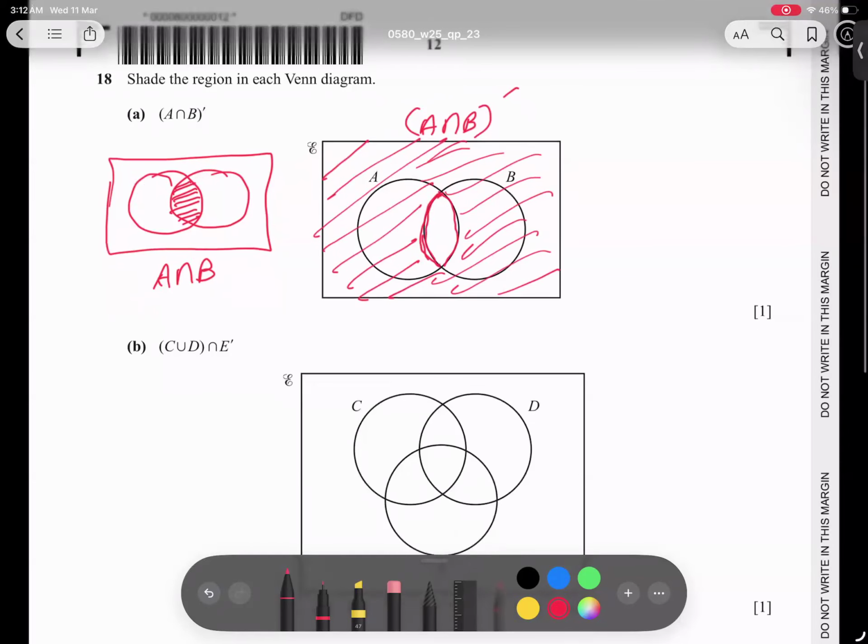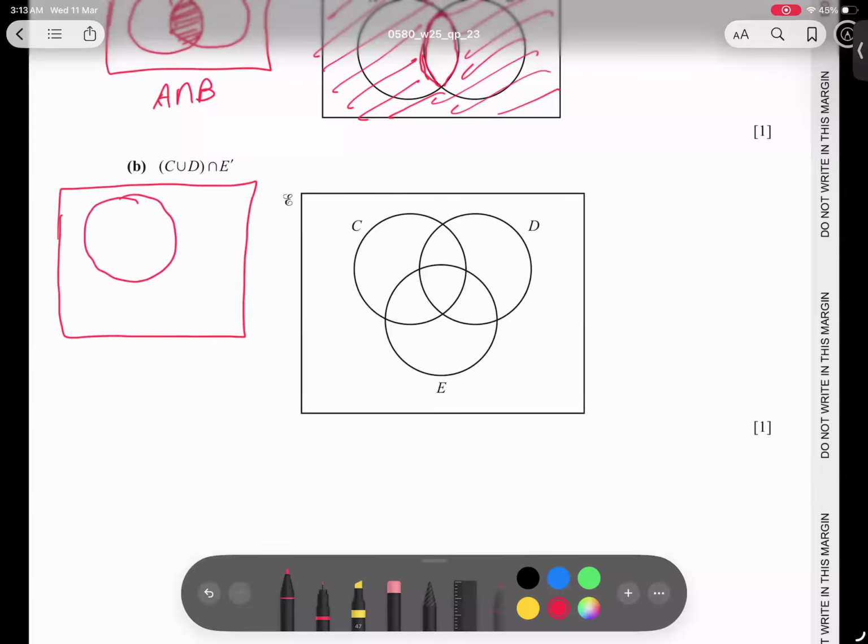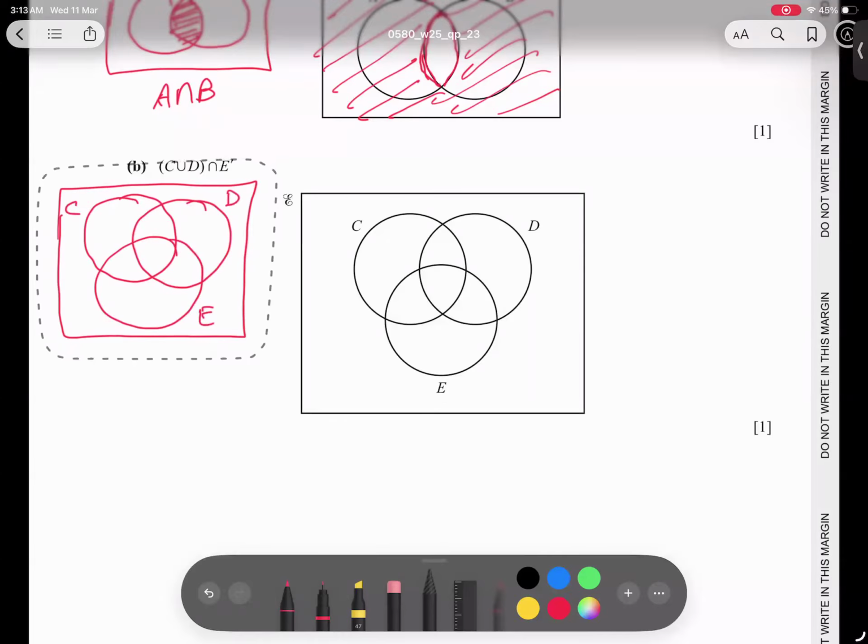So let's talk about the next part. This is again a difficult part. So what is the way to do it? Whenever you find difficulties, you have to make this diagram 2 times. Best idea. For example, this is C, this is D, this is E. So in the exam paper, you can make this kind of diagram to make the question easy, especially in the sets concept.